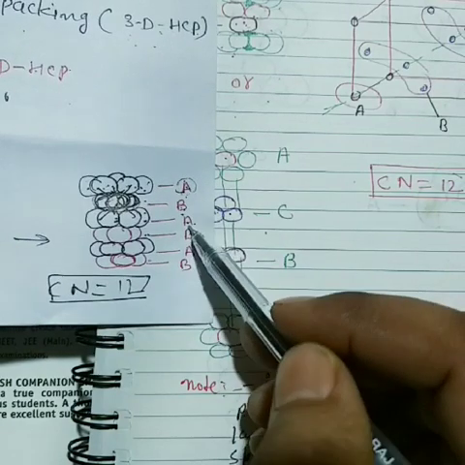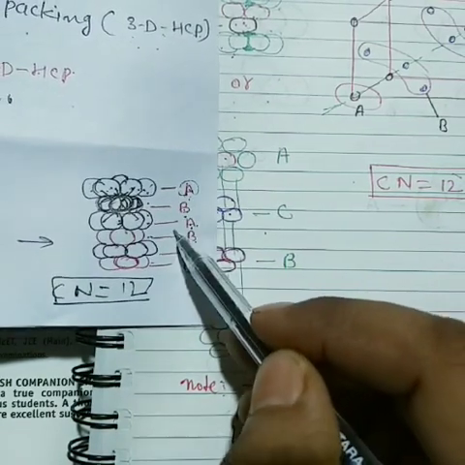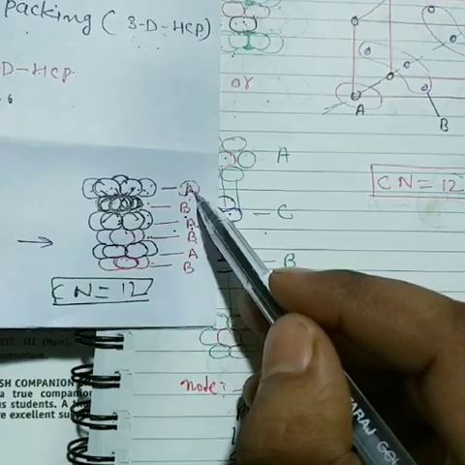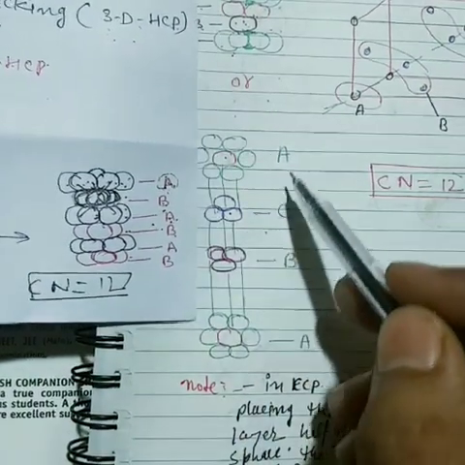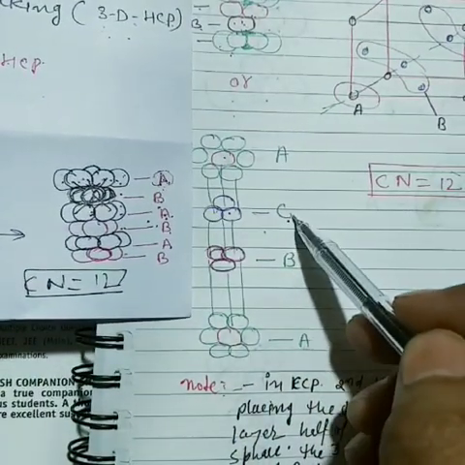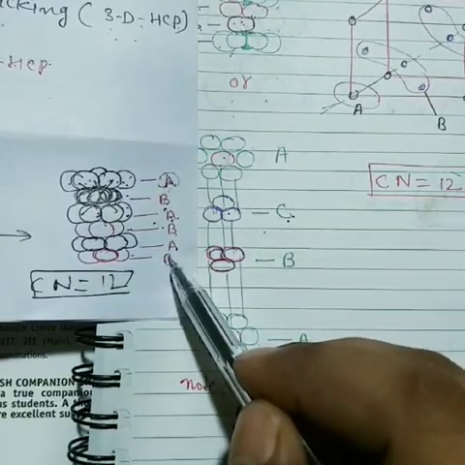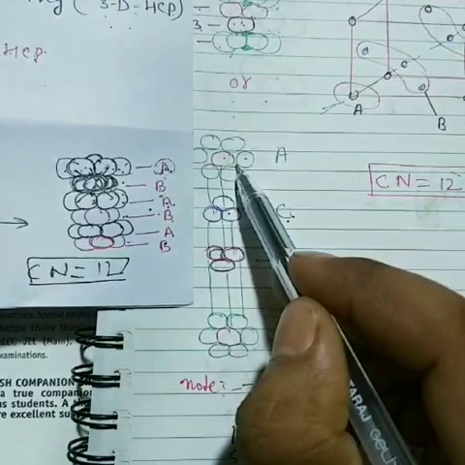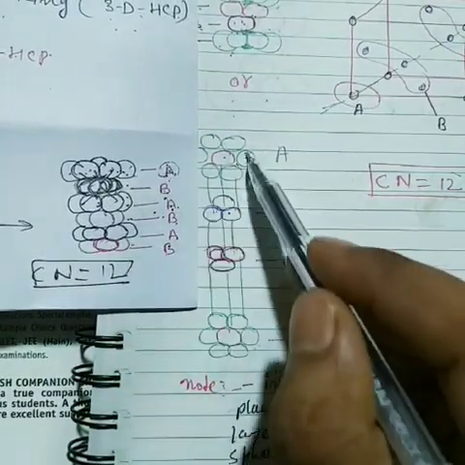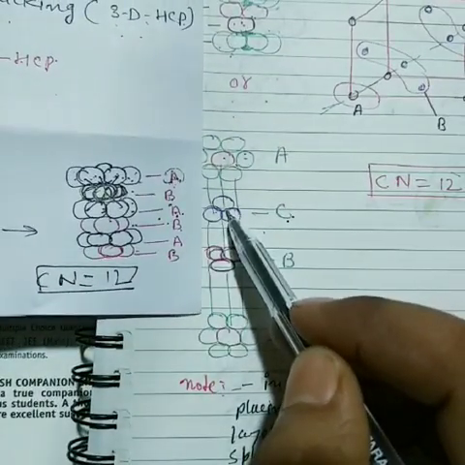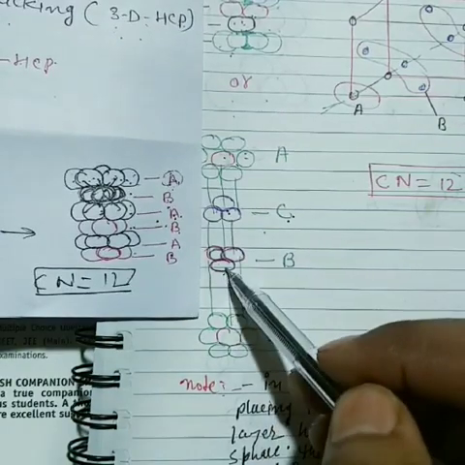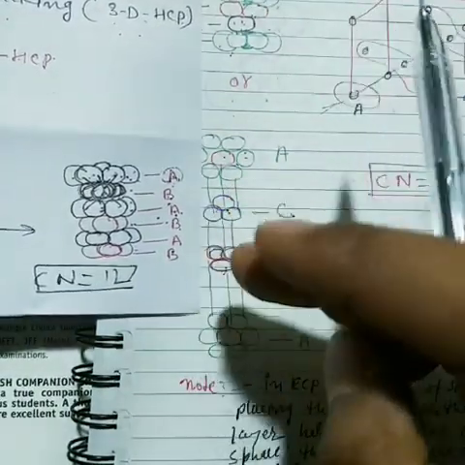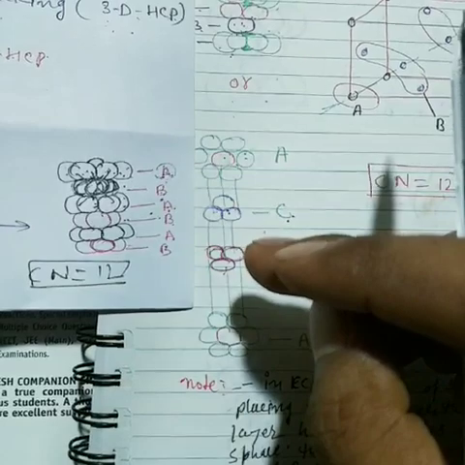That means every third row has the same A and B also. But here it is somewhat different. Just look here. A is completely the same, and B we also consider the same. But C is just different. That means the apexes change completely.